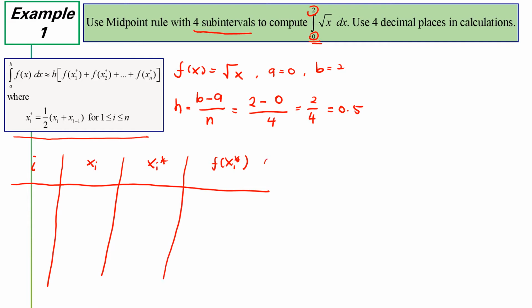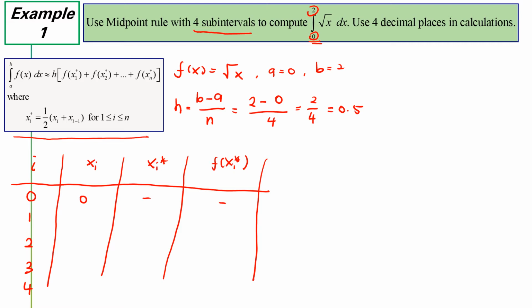For i, we start with 0, then 1, 2, 3, 4. Our n is equal to 4, so i goes until 4. For xi, xi starts with 0.